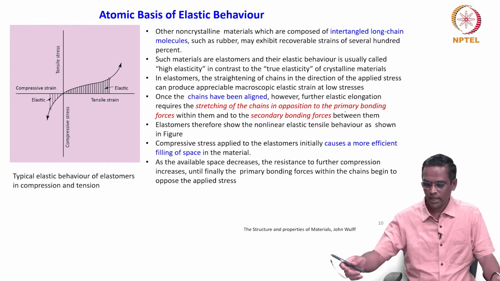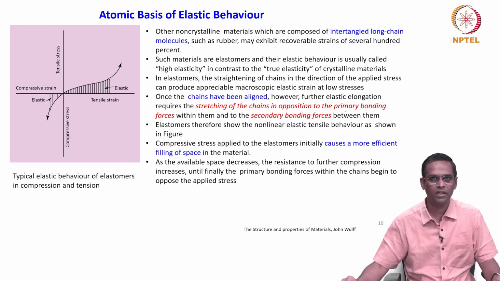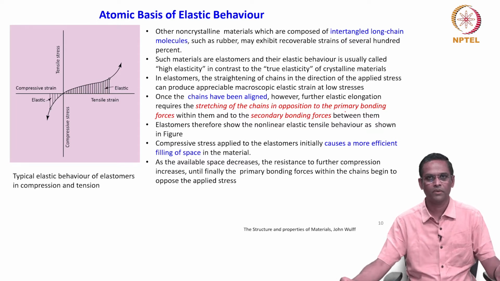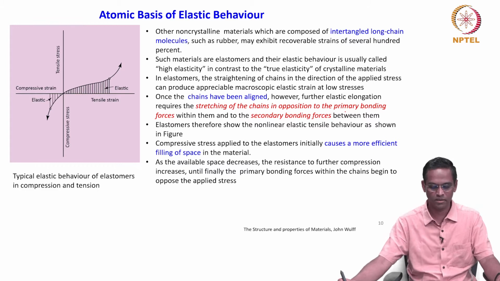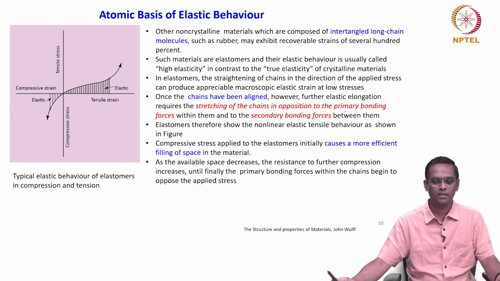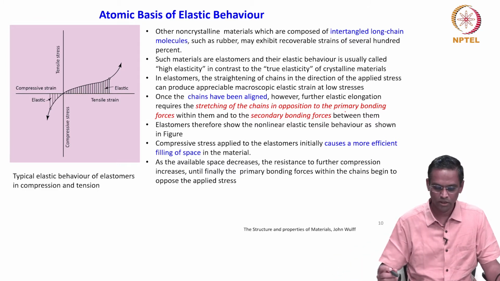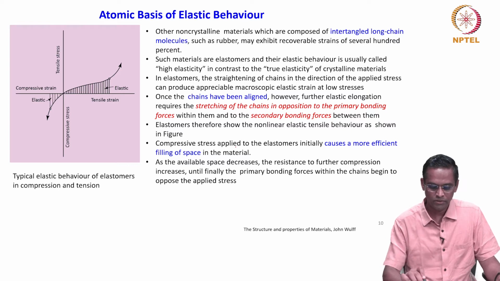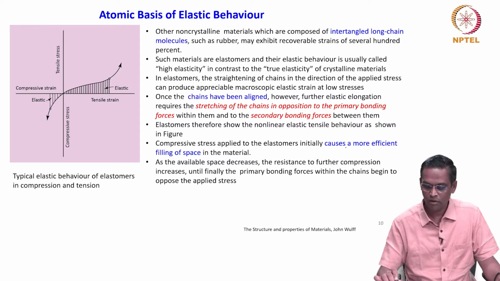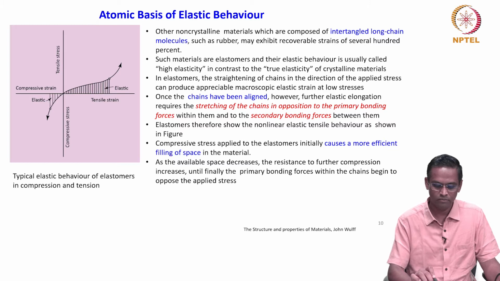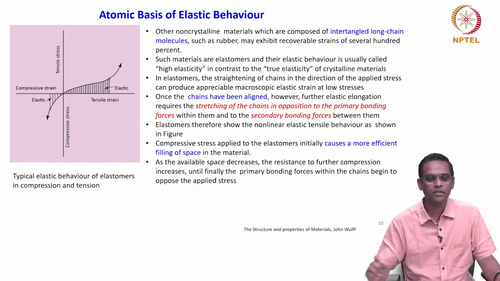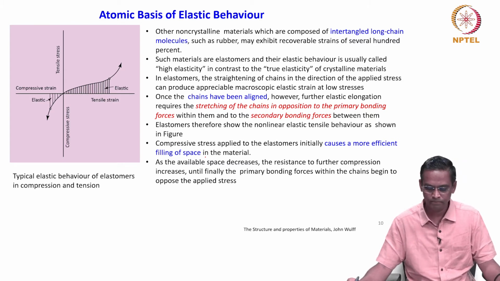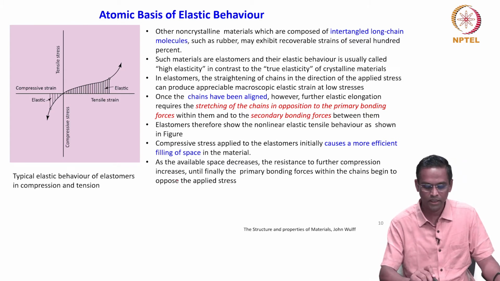And we have also seen that there is a significant difference between elastic response in tension versus compression in this class of material, and that we have attributed to the compressive stress applied to the elastomers initially causes a more efficient filling of space, and then the moment the space available for filling is exhausted, the resistance to compression increases significantly.